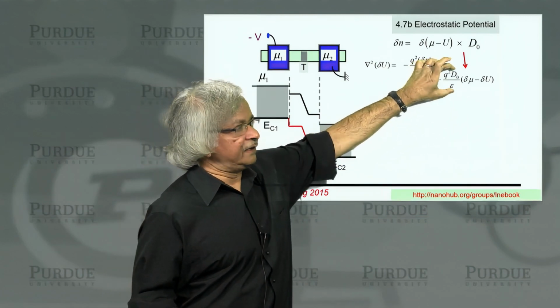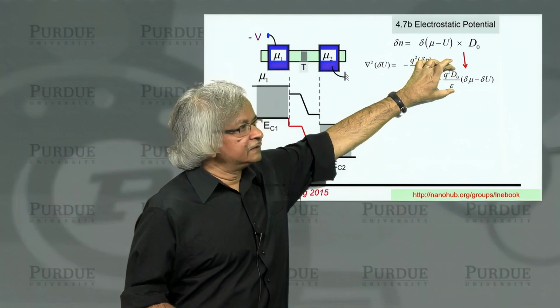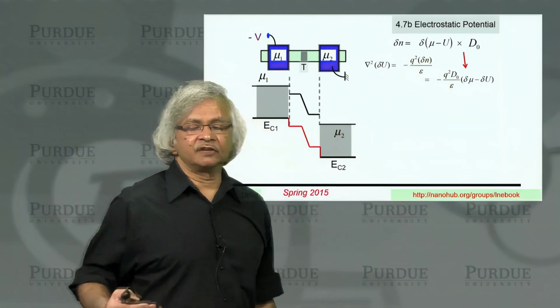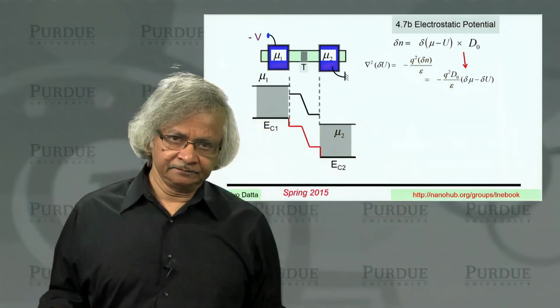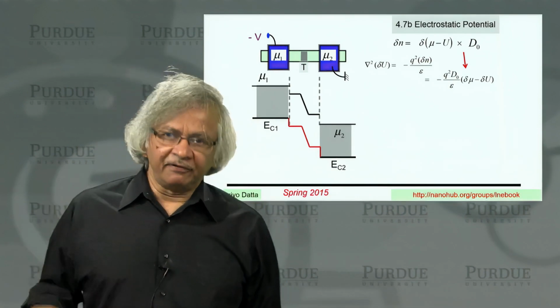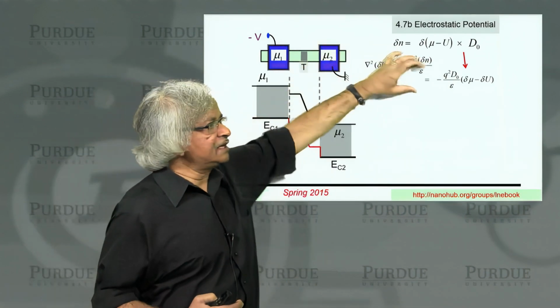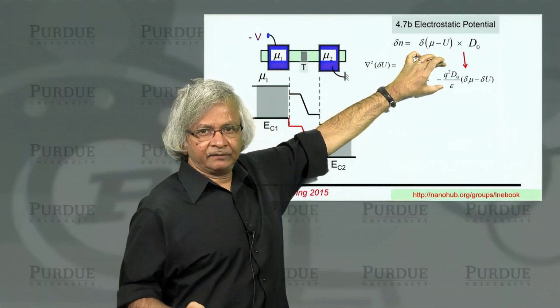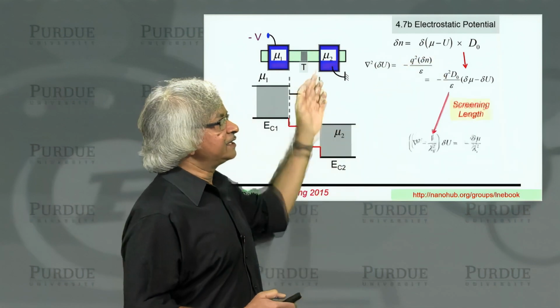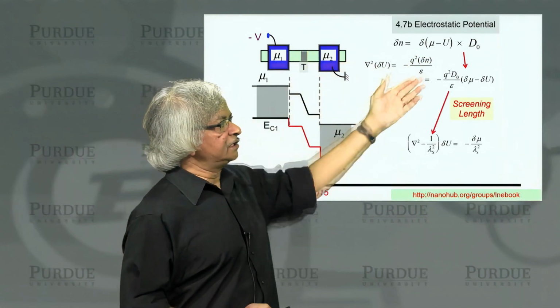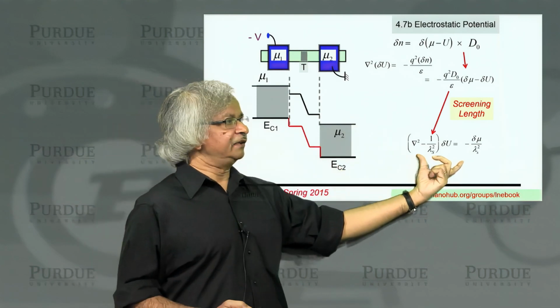Now this factor here has the dimensions of inverse length squared, and it can be defined as the inverse of the screening length squared. So you could rewrite this equation in terms of the screening length in this form.